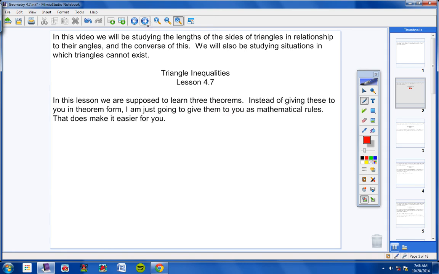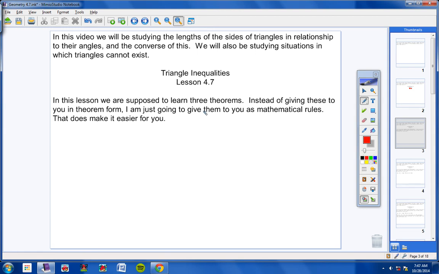Okay, let's continue on. Now, in this lesson, we are supposed to learn 3 theorems, which is a good amount of memorization for you. However, instead of giving these to you in theorem form, I am just going to give them to you as mathematical rules. This will make it easier for you, and I feel like they're easier to understand.